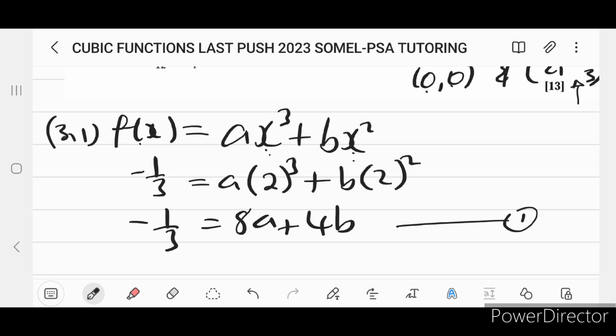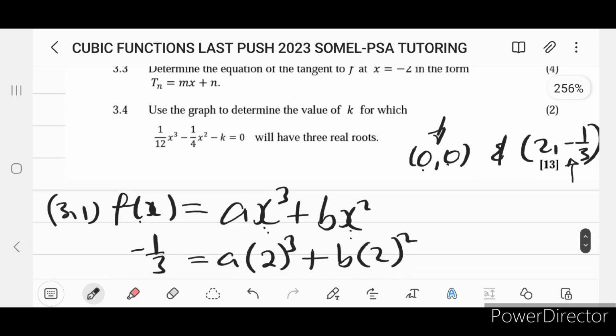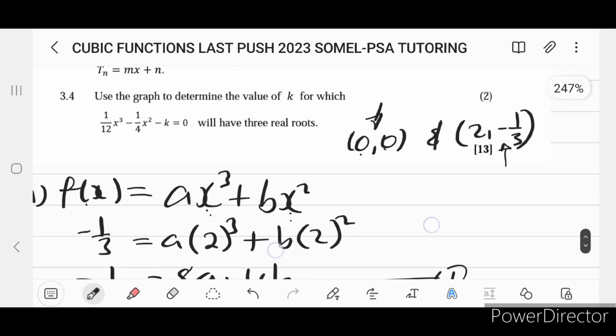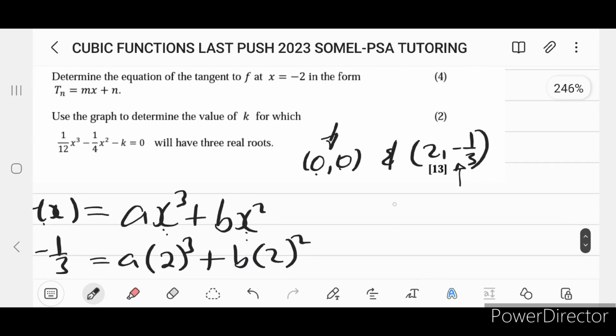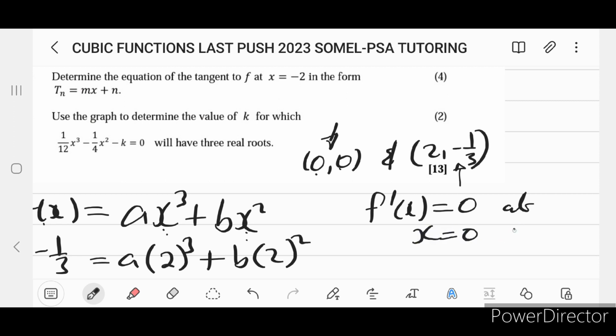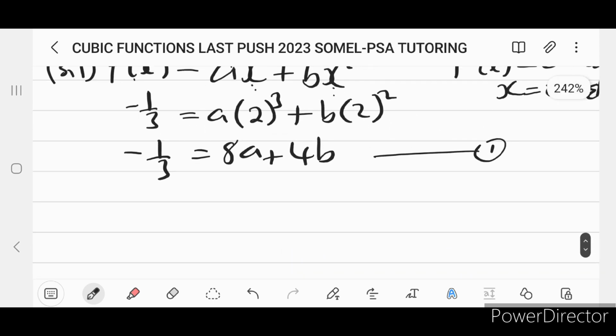Then my equation 2, because I have stationary points, I know that the gradient is 0 at x equals 0 and x equals 2. So I will find the general equation for the gradient by deriving.